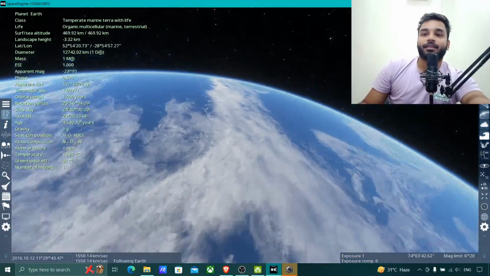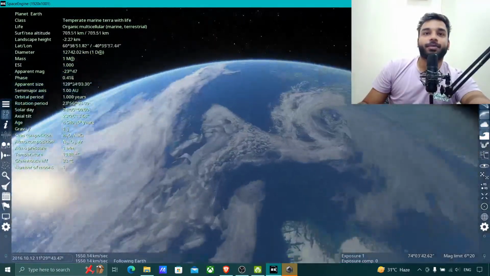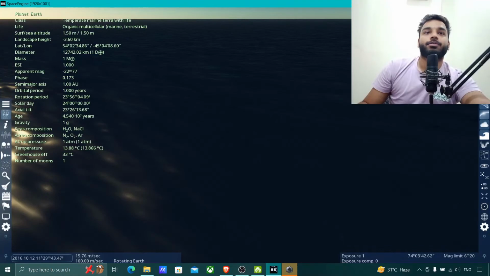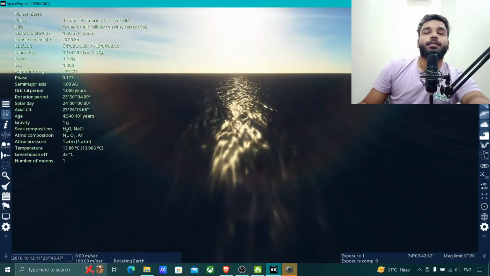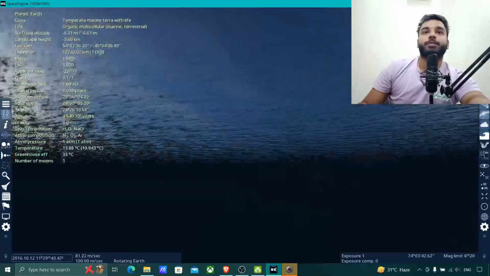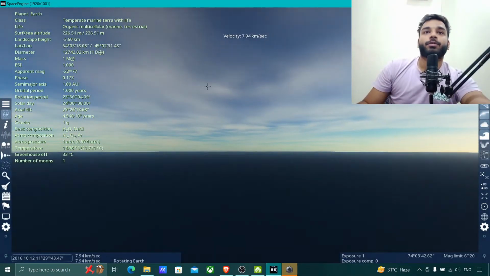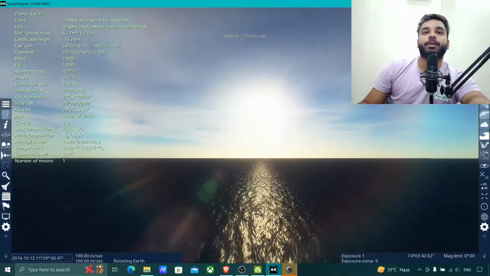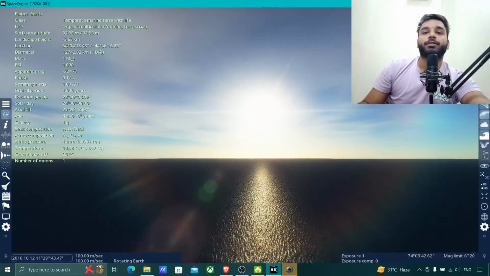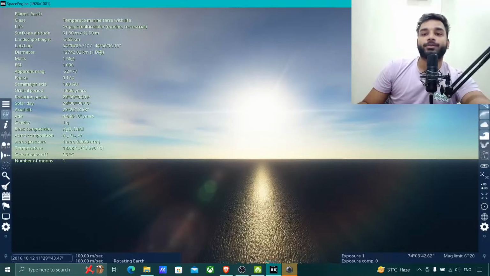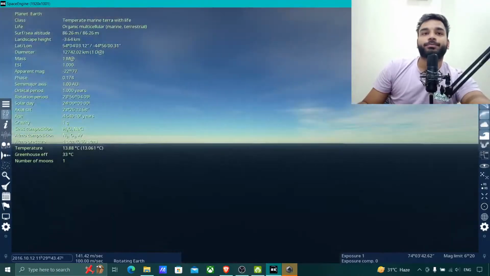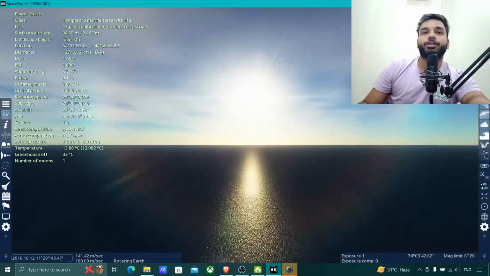But let's just see. And so let's land here so we can understand. So this is the sea portion, I guess. Yes, we have landed on the sea portion. So probably we can increase the velocity and we can move towards the flat portion of the Earth, so that we can see some creatures.